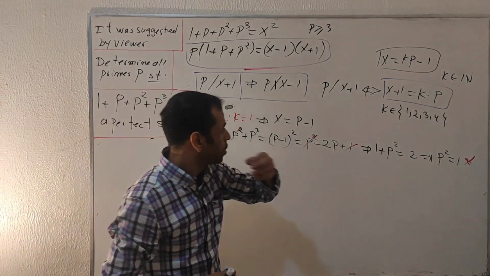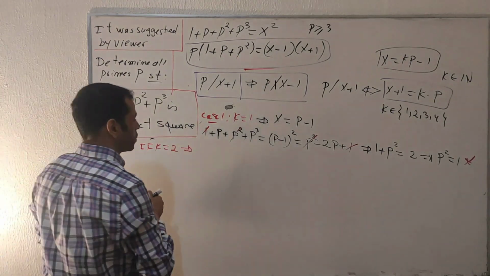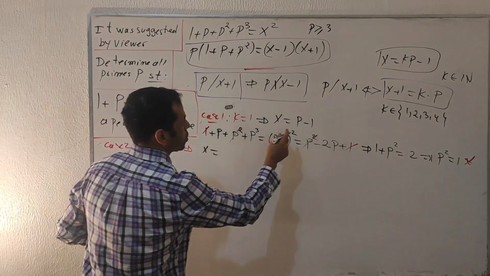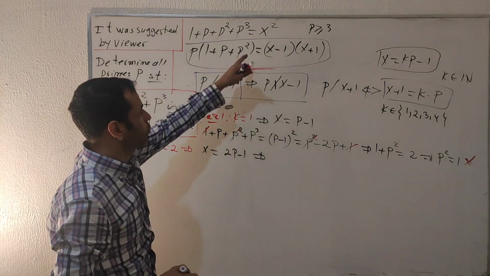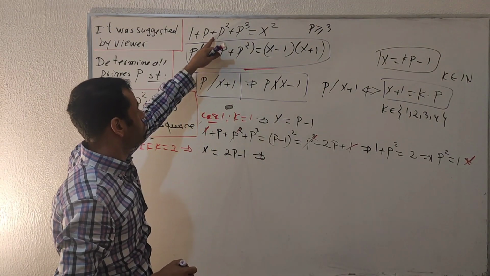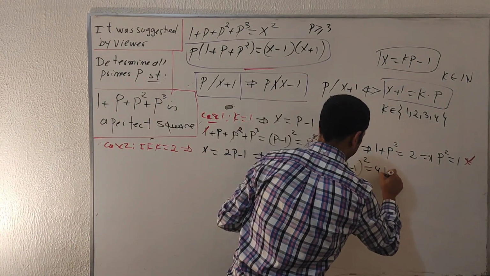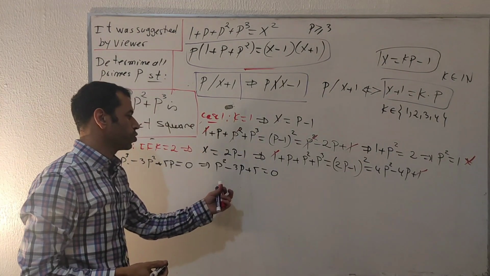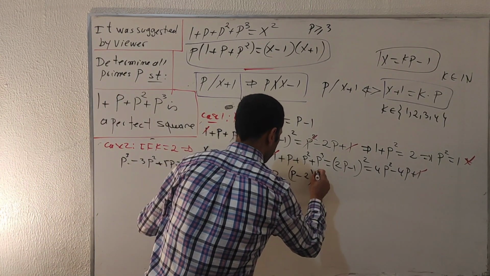Okay, now let's move on to case number 2. Doing the same thing, I will have x equals 2p minus number 1. Plug in all this information as I did in the previous equation, like this. Distribute this one out, I get 4p. Doing the same thing, I'm going to prove this one by using a small trick here. So I get (p minus 2) squared.